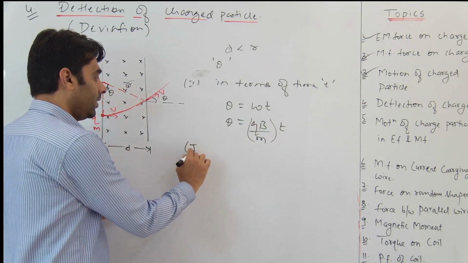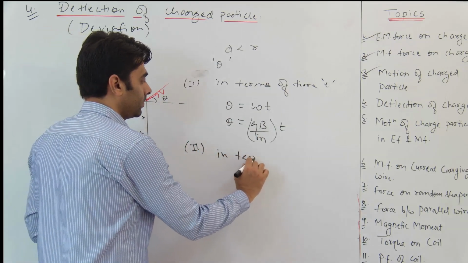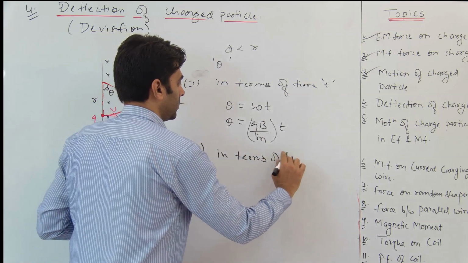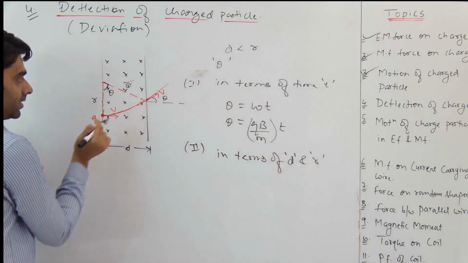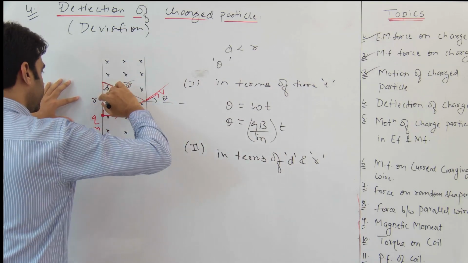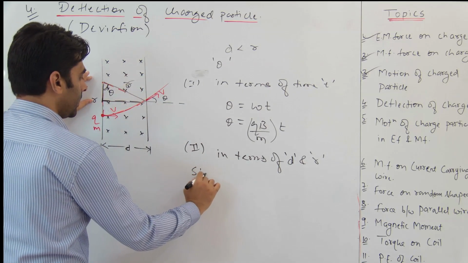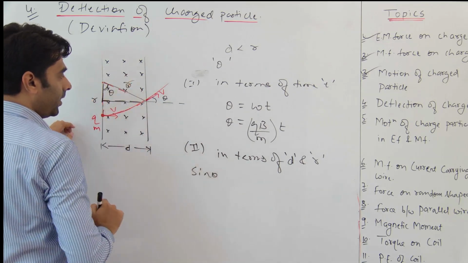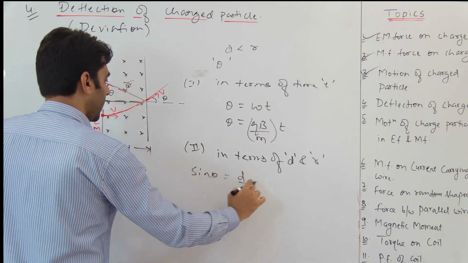Another is giving it in terms of distance d and r. How to do it? Let us see. If this angle is theta, now see this triangle over here. I'll draw it over here. In this triangle, sine theta will be opposite by hypotenuse. This opposite distance is d, so sine theta is d by r.